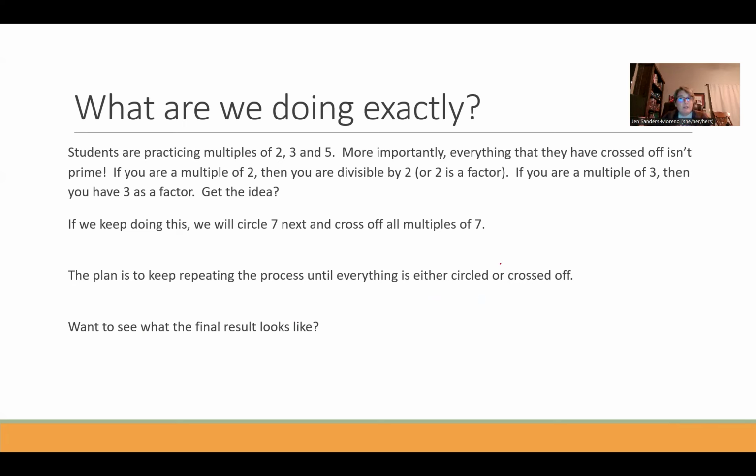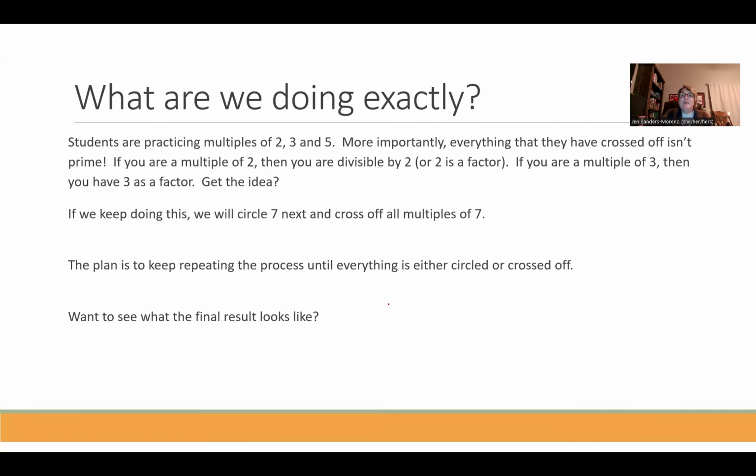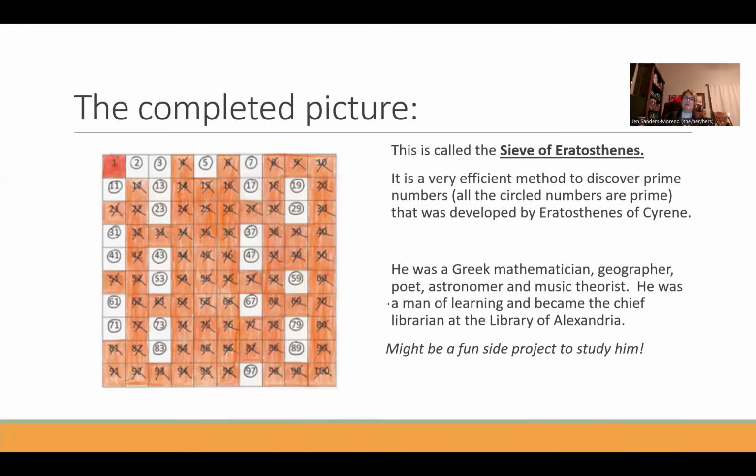So for example, 22 is not prime because it got crossed off during the 11s because 2 times 11 is 22. Okay. 35 is not prime because it got crossed off in the multiples of 5 because 7 times 5 is 35. Okay. So what happens is you get this lovely picture.